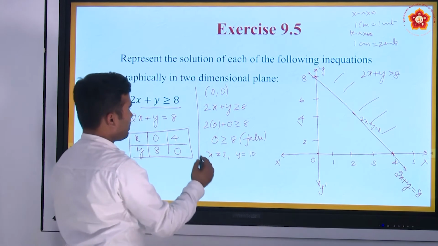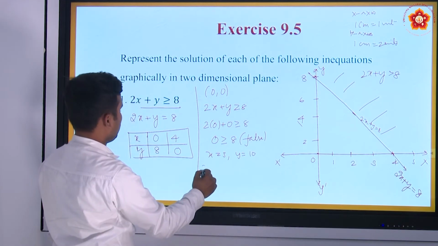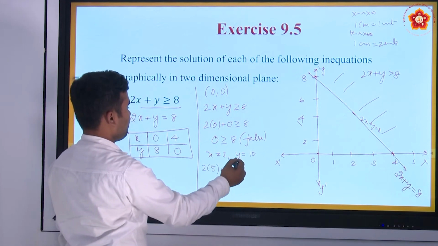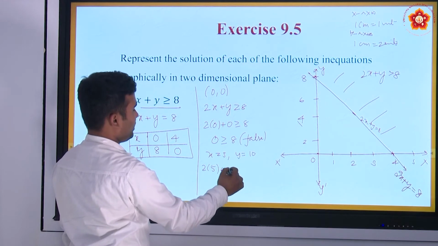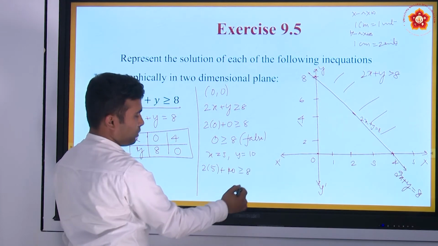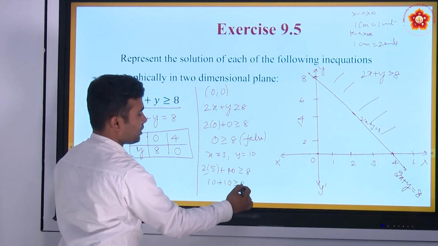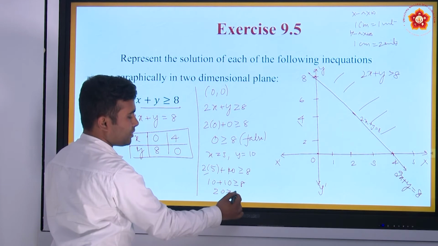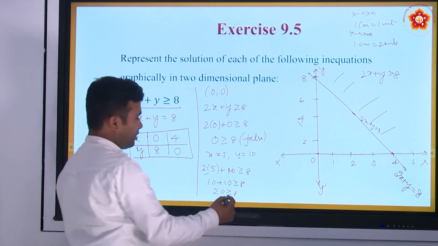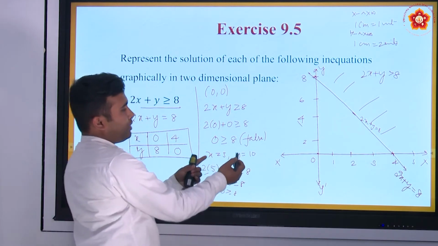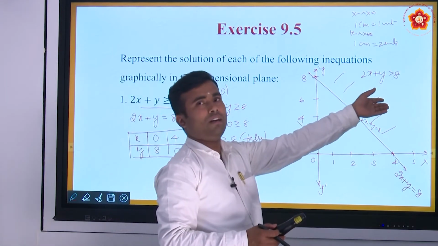Understand? So now this will be 2 into 5 plus y, which is 10, which is greater than or equal to 8. 2 fives are how much, 10, plus 10, therefore 20 which is greater than 8. Understand, that means this point x equal to 5 and y equal to 10 lies in the solution region.